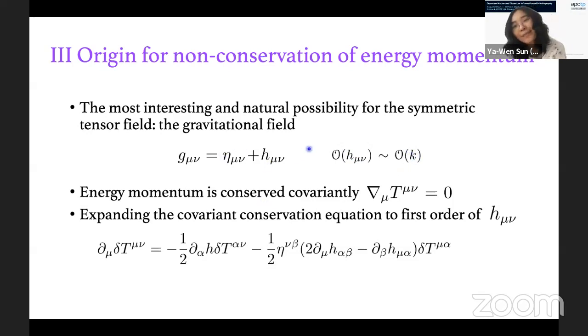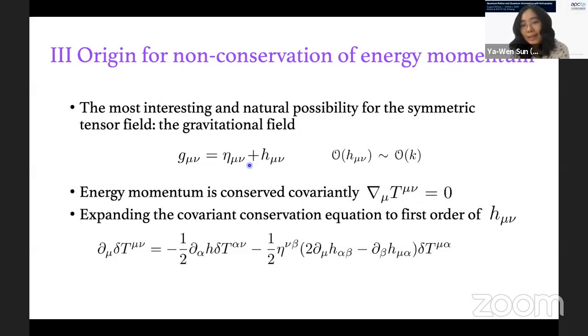So when we have a curved spacetime, note that we have not introduced holography yet. So it's still relativistic hydrodynamics. There's no holography. So here the gravity is the gravity which couples to the relativistic hydrodynamic system, and this T mu nu. So we know that when there's a non-trivial gravitational field, the energy momentum tensor is only conserved covariantly. We need nabla mu T mu nu equal to 0, not partial mu T mu nu.